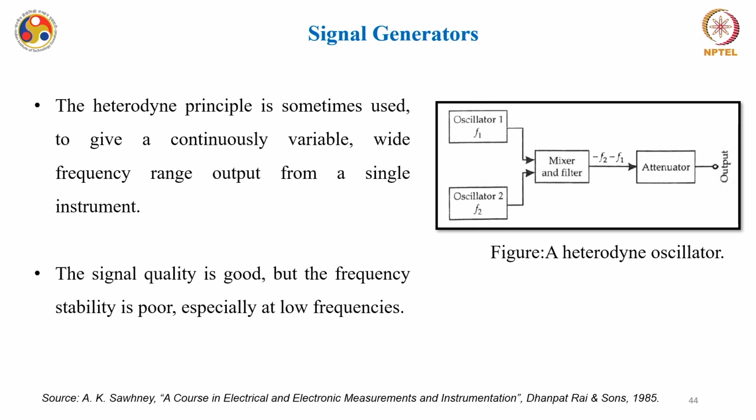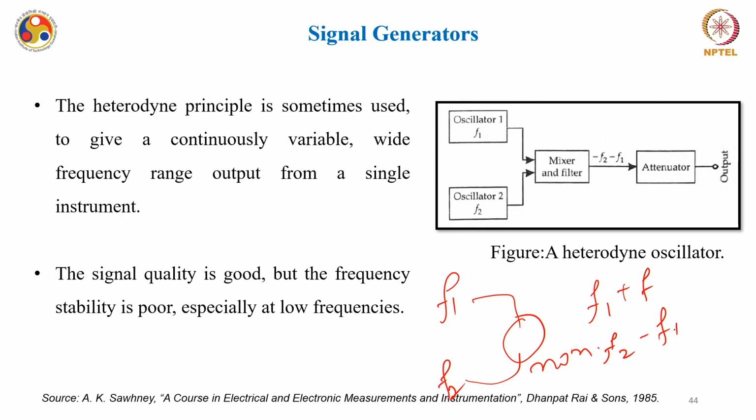For this, usually the heterodyne principle is used. The heterodyne principle is the idea that you feed multiple frequencies, say F1, F2, maybe more, to a nonlinear device, which can generate outputs like F1 plus F2, F2 minus F1, F2 minus F1 squared, because this is a nonlinear device that can generate all sorts of signals.